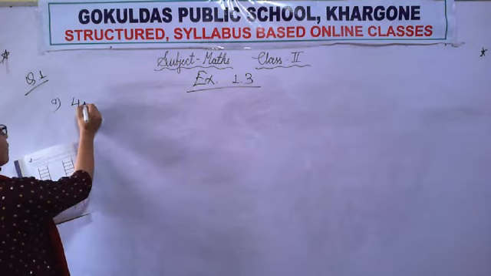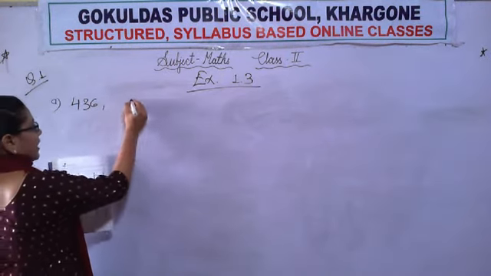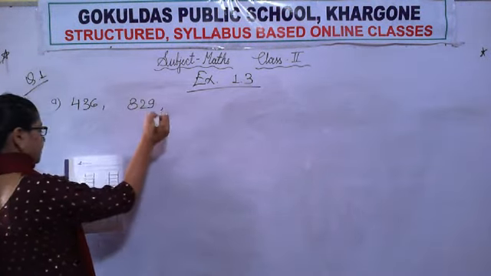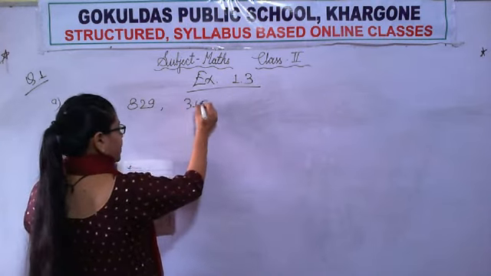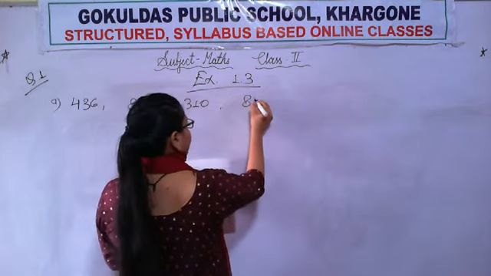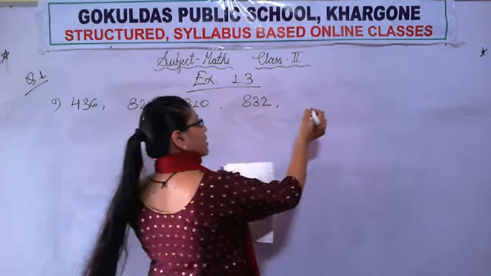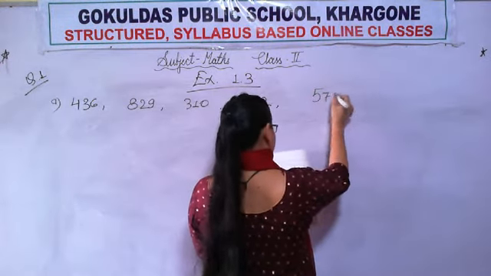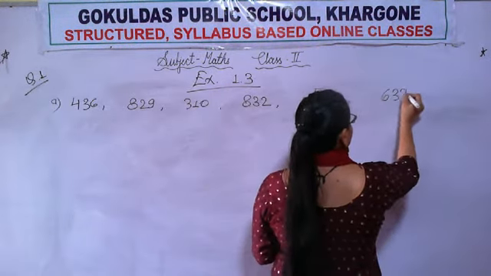What numbers are given? 436, 829, 310, 832, 570, 633.